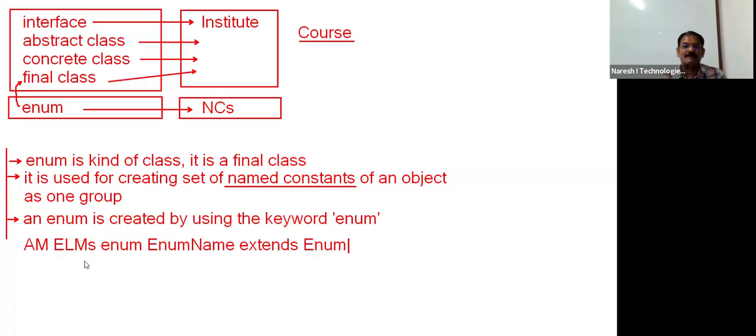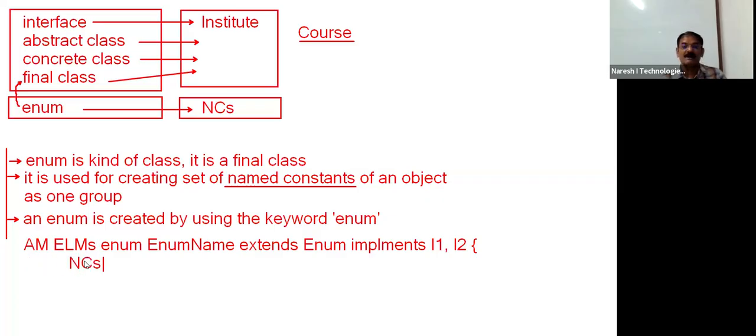So: accessibility modifier, execution level modifier, enum, enum name, extends Enum. Then following by that, can I write implements for interfaces? Yes, you can write implements interfaces: I1, I2, open bracket. Okay. Then inside, what do you write now?